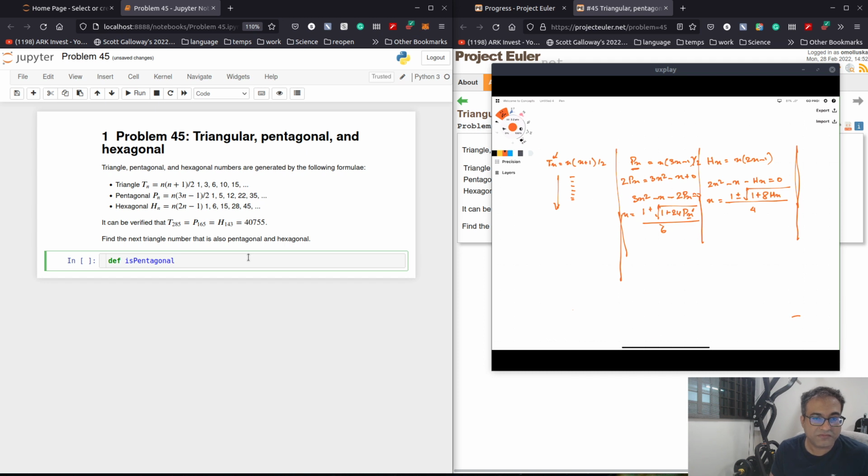Pentagonal number, is it? It's called pentagonal, yeah. A function that takes an n, that's an integer, and returns a boolean which will be true if it is a pentagonal number, otherwise not.